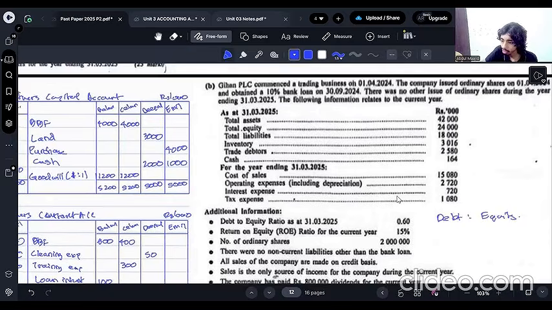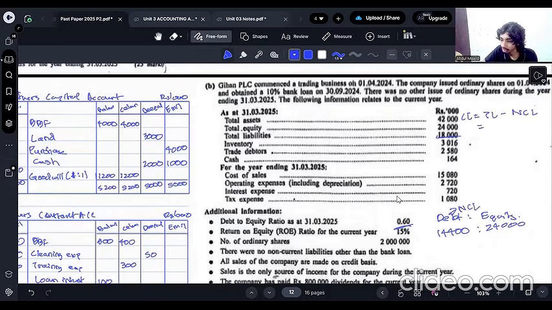Now here, equity capital is 24,000. If they are saying debt to equity ratio is 0.6, that means your debt capital is 0.6 times your equity, then your debt will be 0.6 into 24,000, that is 14,400,000. Now, if your total liability is 18 million, now debt capital means your non-current liability, and current liability equals total liability minus non-current liability.